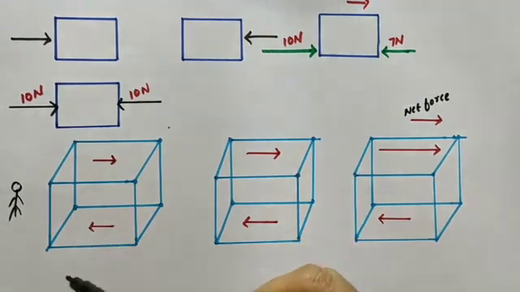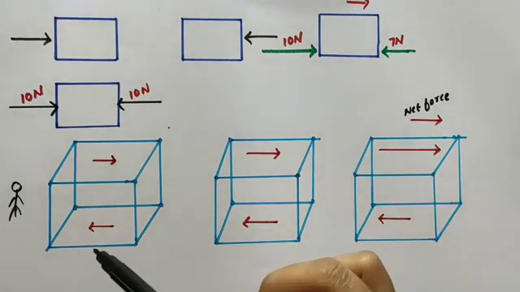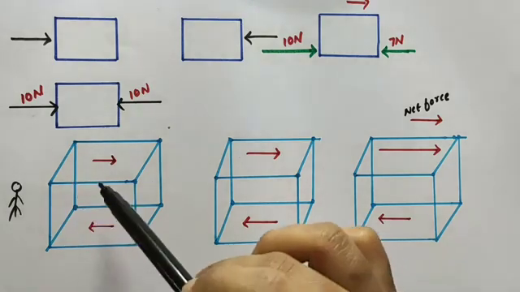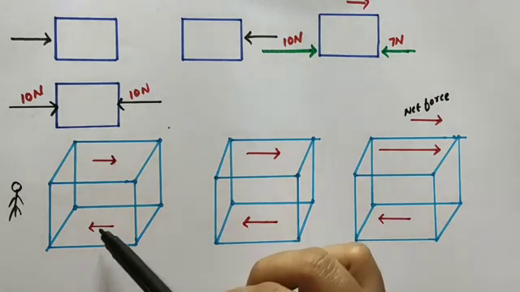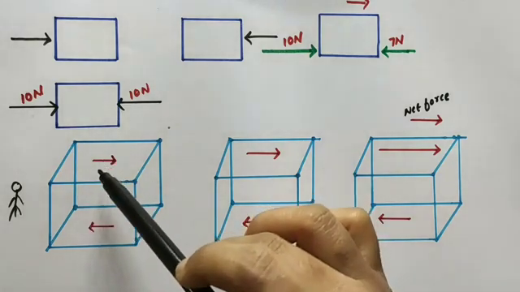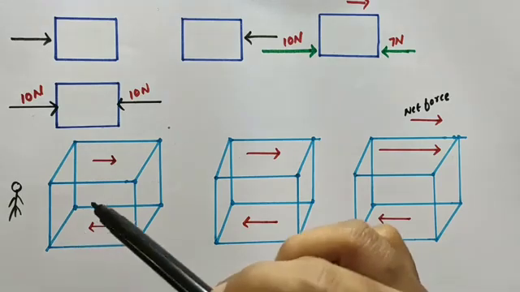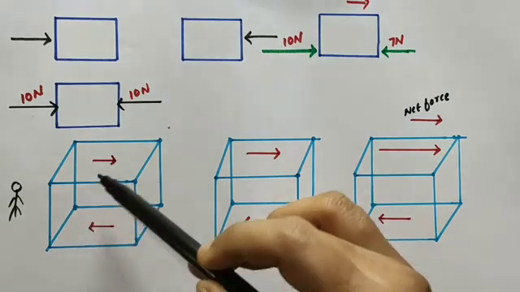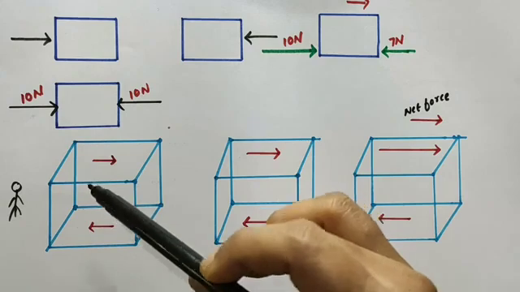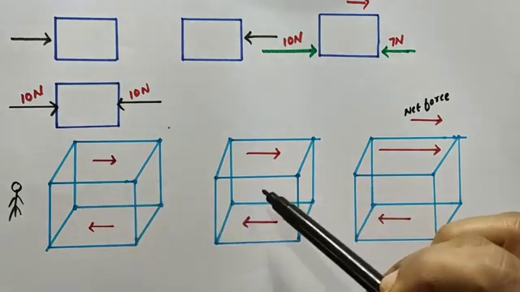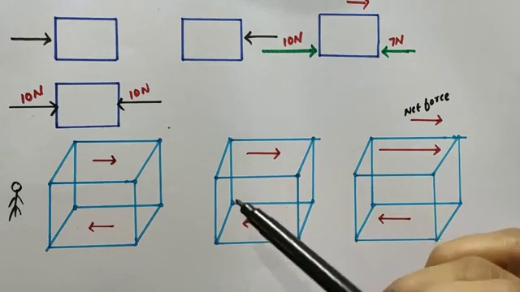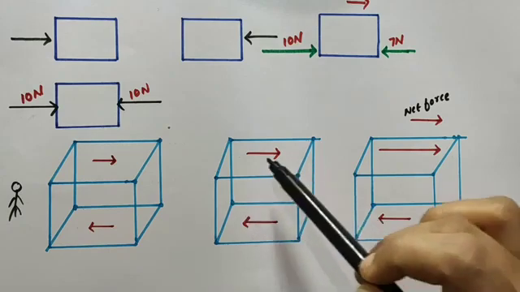The length of the straight line is proportional to the magnitude of the force. So between the bottom of the box and the floor's rough surface, there will be a frictional force which balances the pushing force, and therefore the box does not move. Next, consider the child pushes the box harder and applies more force now.